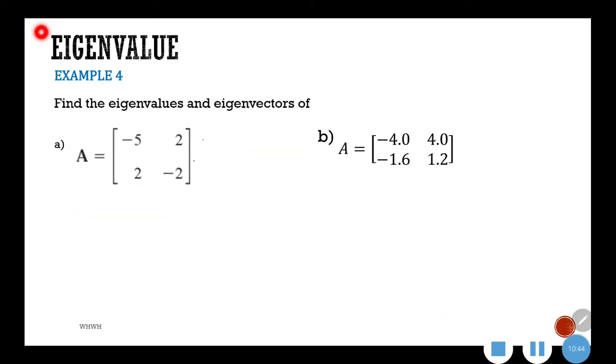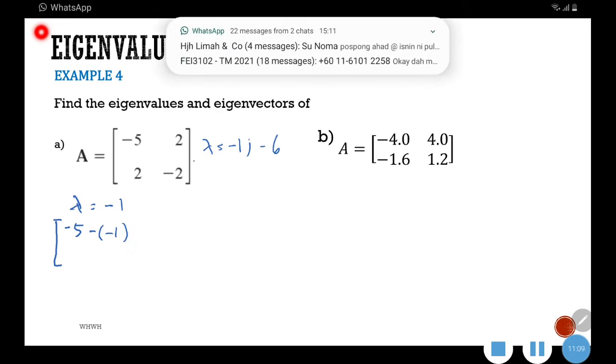From the earlier answer, we have lambda equals -1 and also -6. So now let's consider first lambda equals -1. If lambda equals -1, remember how we do it? We consider -5 minus lambda, so minus (-1).